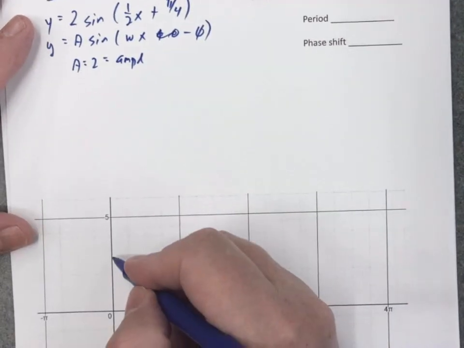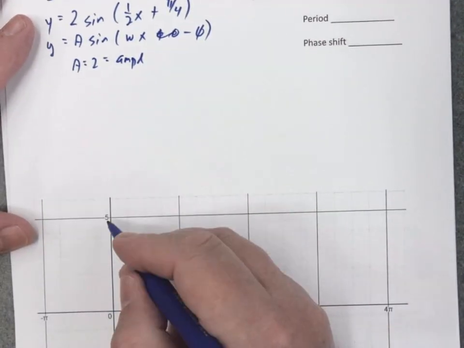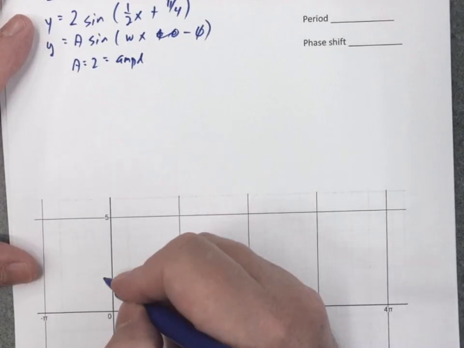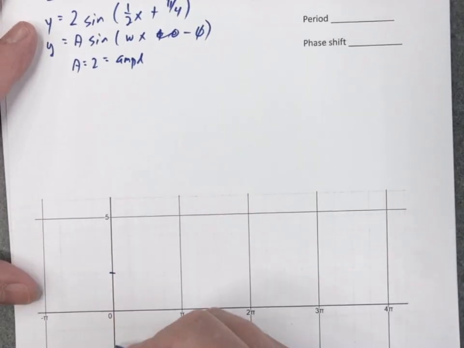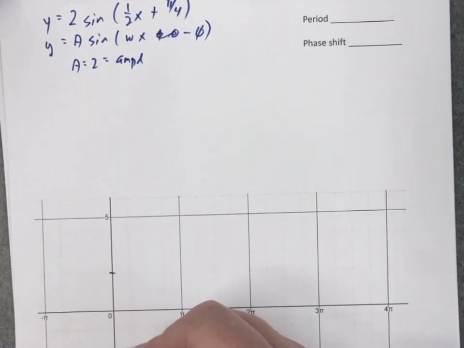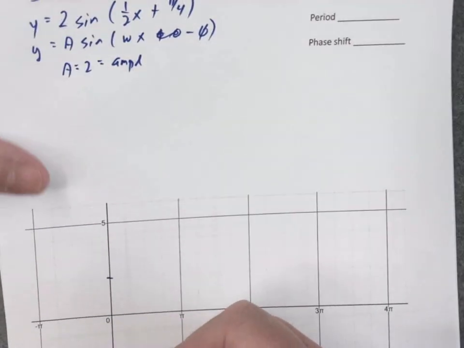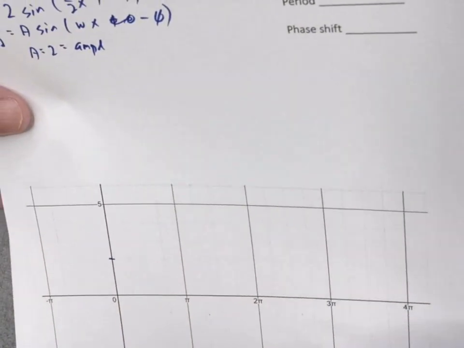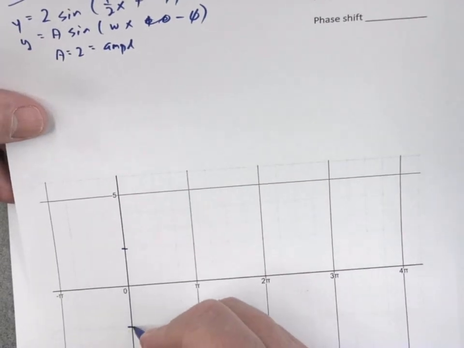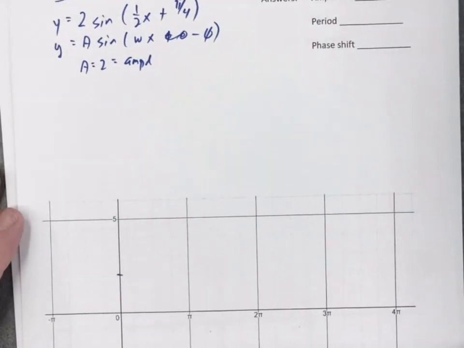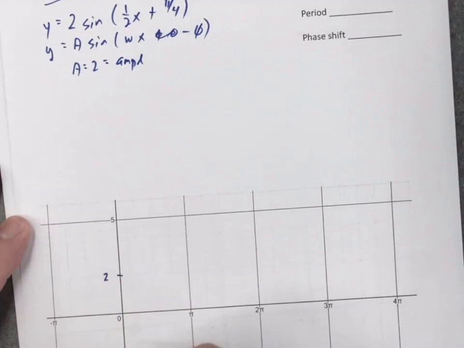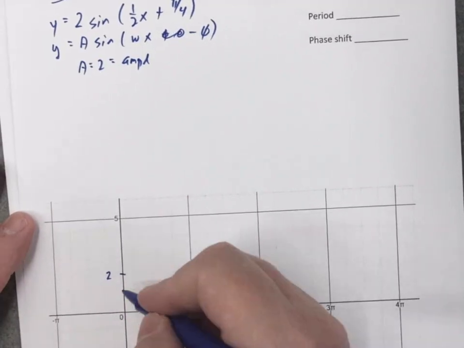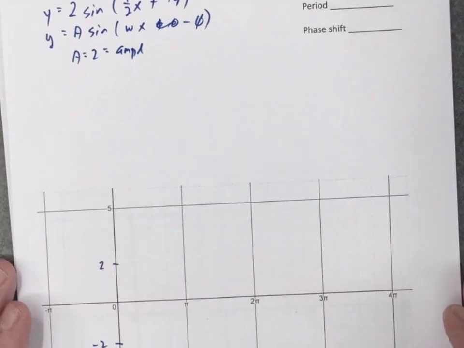So on this graph, 0's here, 5 and 5. So 2, and then down here, sort of hard to see actually with this printout, but we'll just assume it's right about here. So my graph is going to go between -2 and 2.